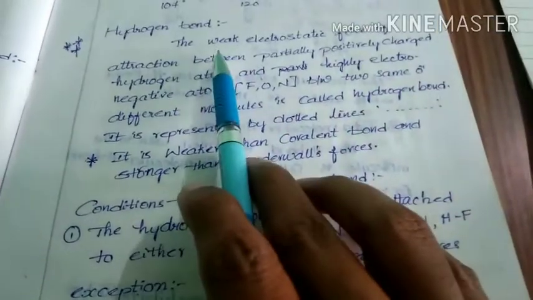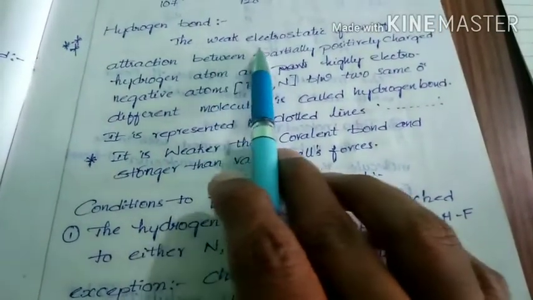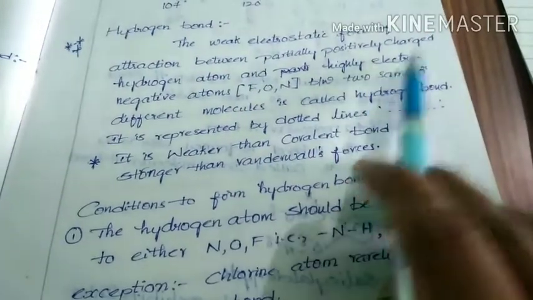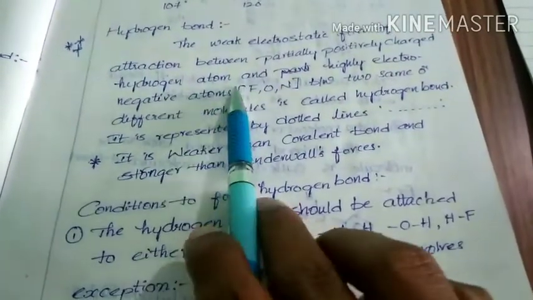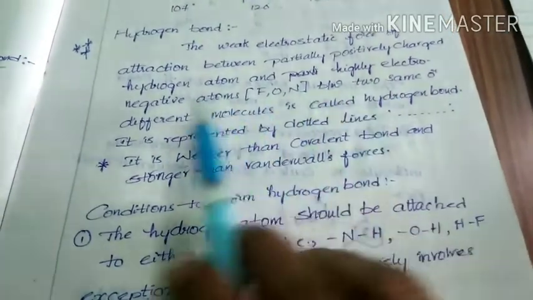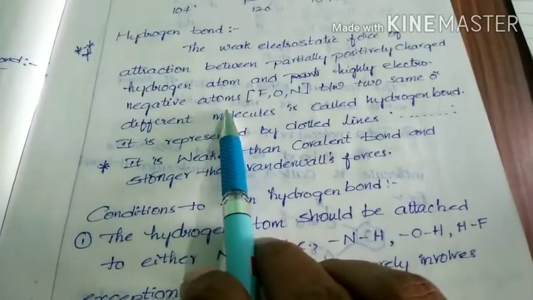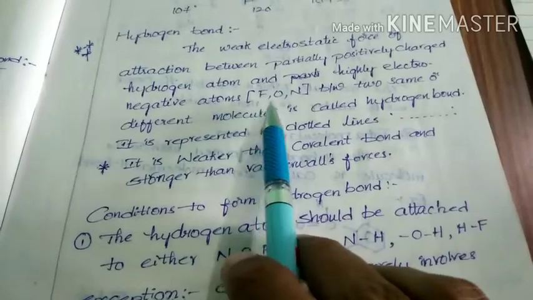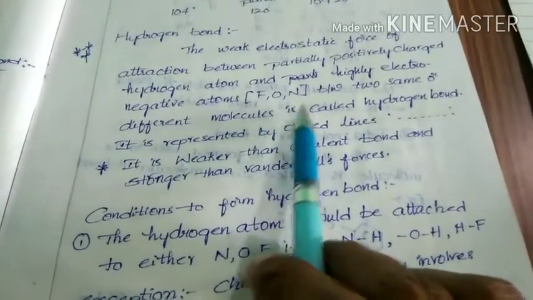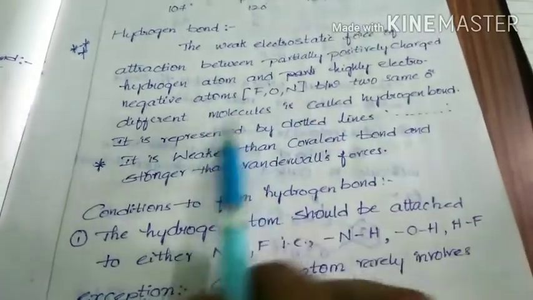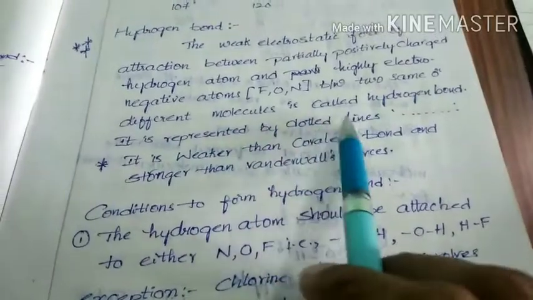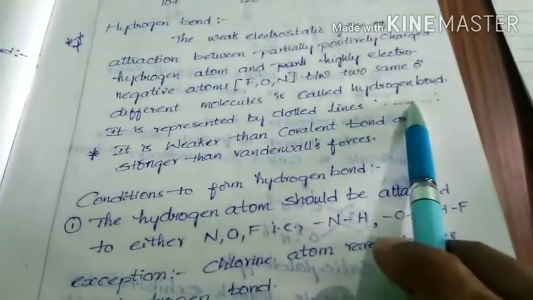That is why they are saying weak electrostatic force of attraction between partially positively charged hydrogen atom and highly electronegative atoms such as either fluorine or oxygen or nitrogen only, between two same or different molecules is called hydrogen bond.